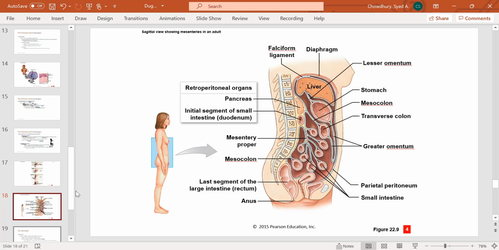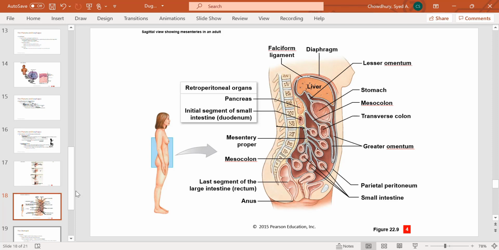Now we'll see the structures that tie the abdominal organs to the wall and keep them in the right positions in the abdominal cavity. Okay, so we'll see those structures.